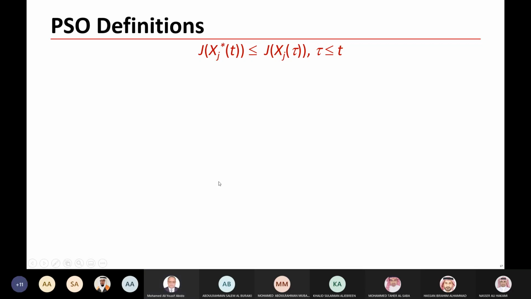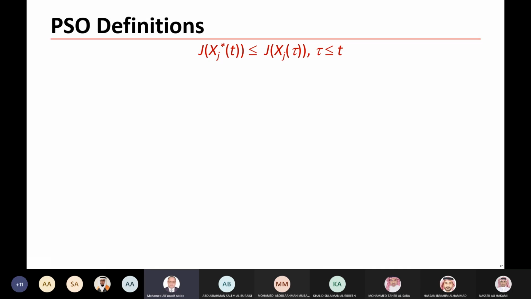If J of the local best star here refers to the best, if the local best is less than the objective of the current position, what should we do? What do you think?